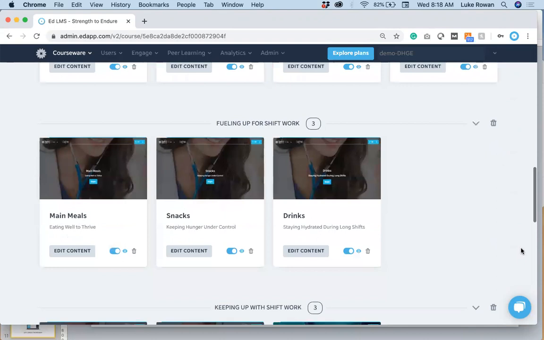Excellent. And this third component here, fueling up for shift work, what was this about? Yeah, so shift work is just a disaster. It messes with every biological clock that we have. We're diurnal creatures, and shift work just raises chaos with that.